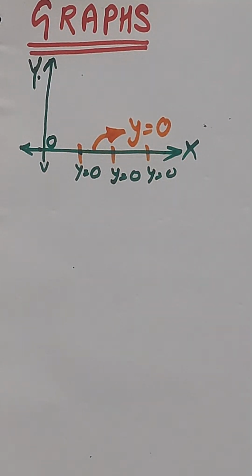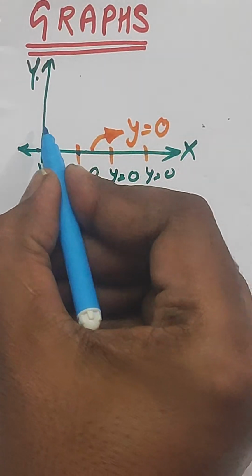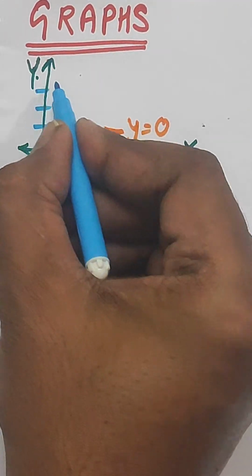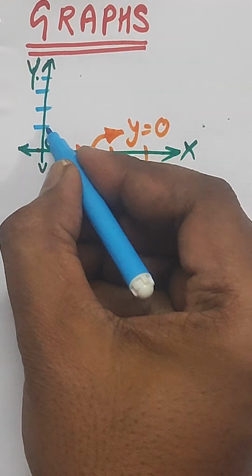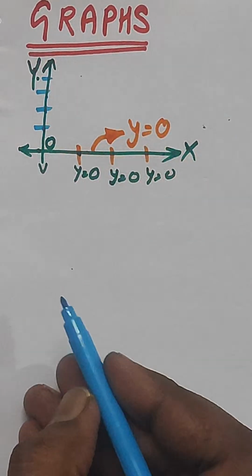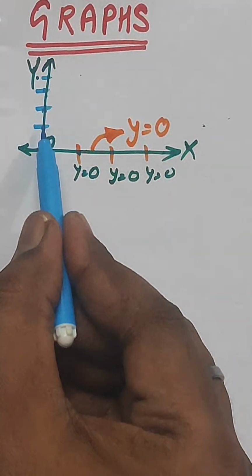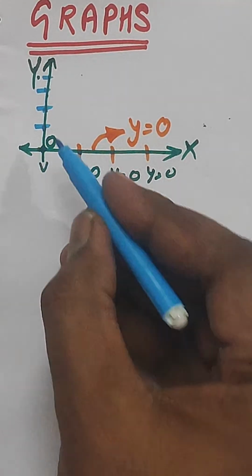Similarly, for the points represented on the y-axis, maybe this one, this one, this one, on all these points we have different values of y, but the value of x will be the same, because all are lying over here and the value of x is equal to 0, right?